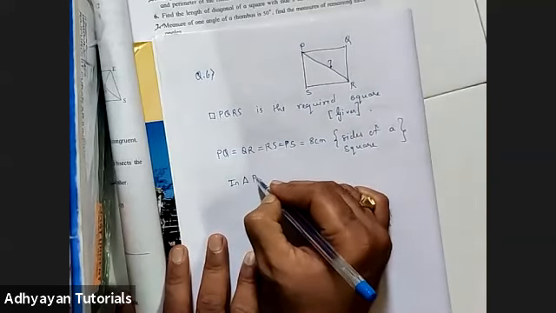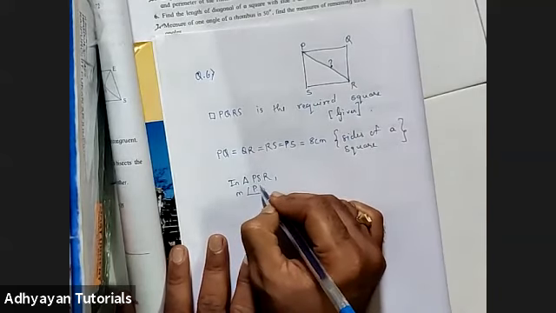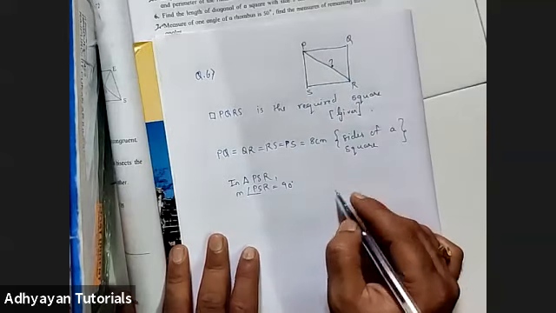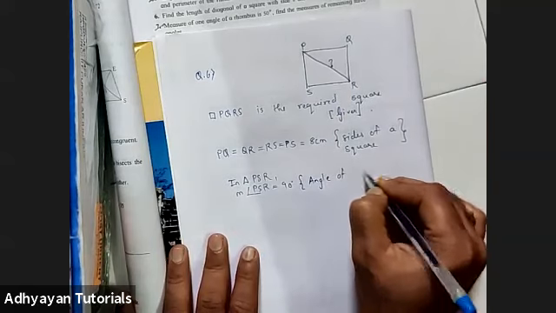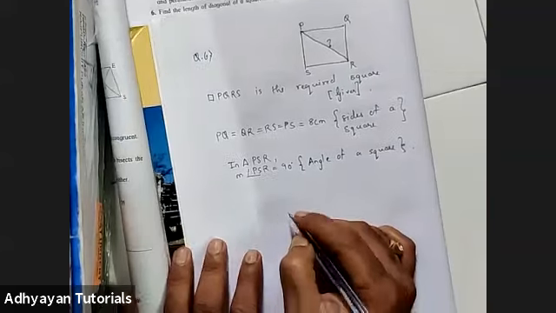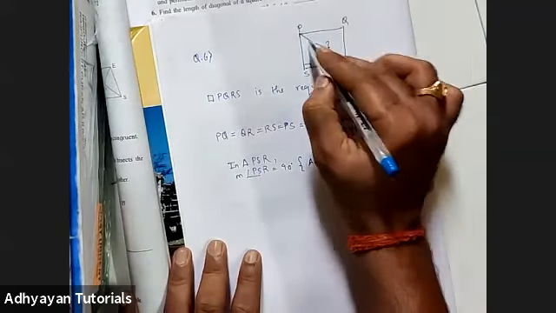So in triangle PSR, measure angle PSR is equal to 90 degrees, because each and every angle of a square is 90 degrees. So I put it as angle of a square, right? And now since this is 90, can I apply Pythagoras theorem here?